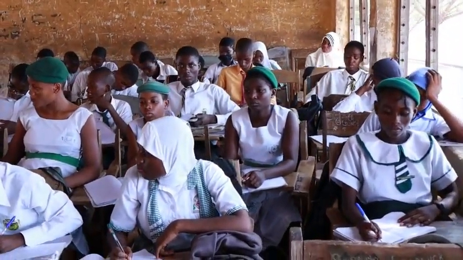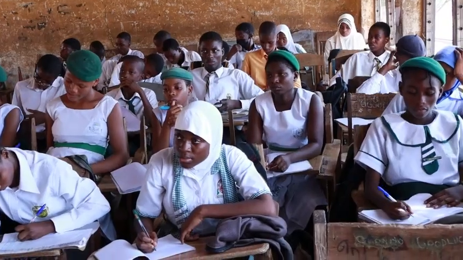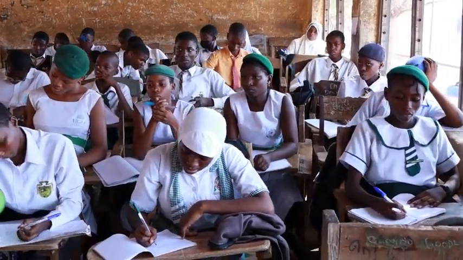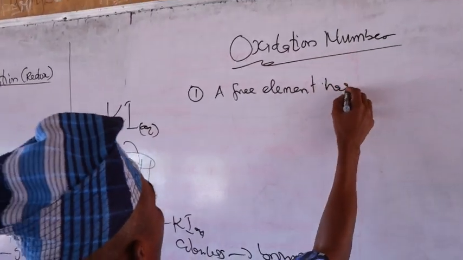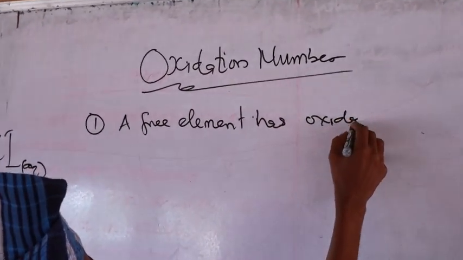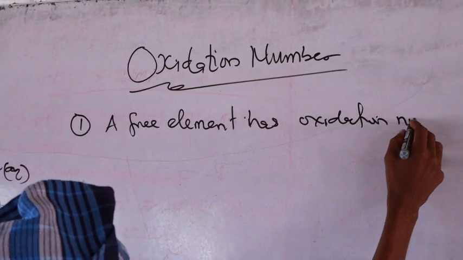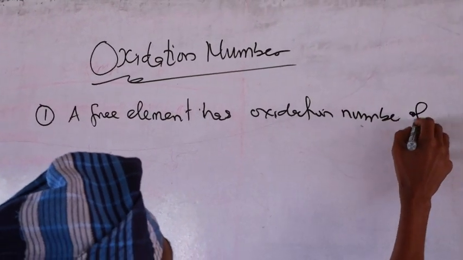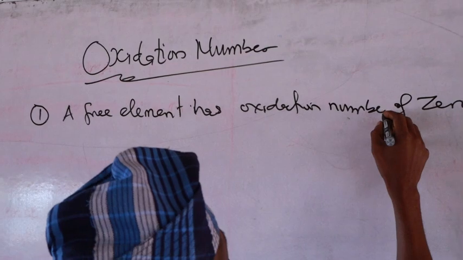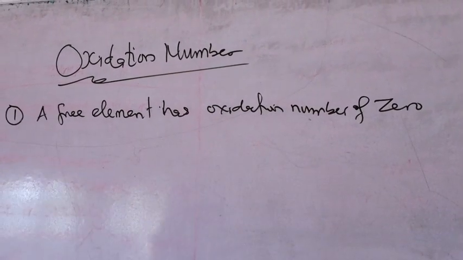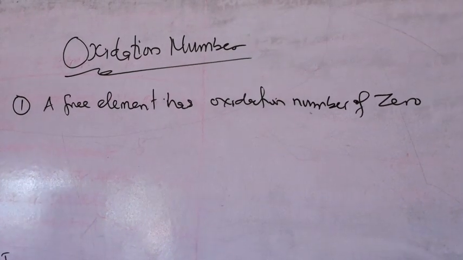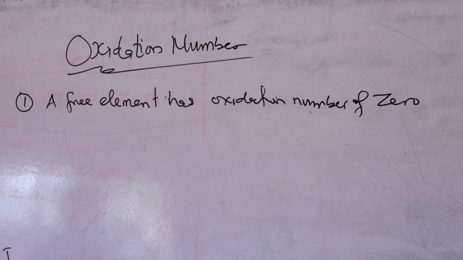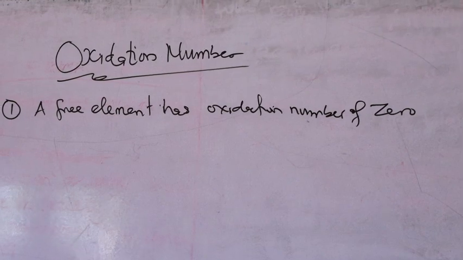Number one of those rules is this: a free element has an oxidation number of 0. A free element has an oxidation number of what? 0. That means when an element is standing on its own, its oxidation number is equal to 0.